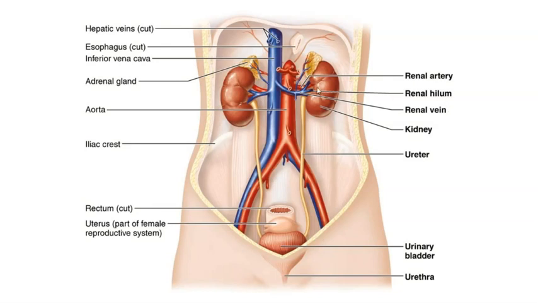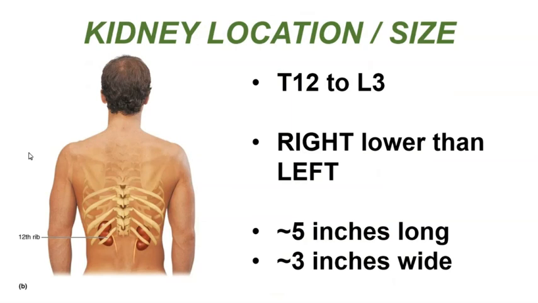The renal hilum also provides an entrance for the major renal blood vessels, the renal artery, which directs blood to the kidney, and the renal vein, which is returning blood back to the inferior vena cava. We also see in this diagram, at the base of it, the urethra, which allows the bladder to be emptied when it is approaching its state of being full.